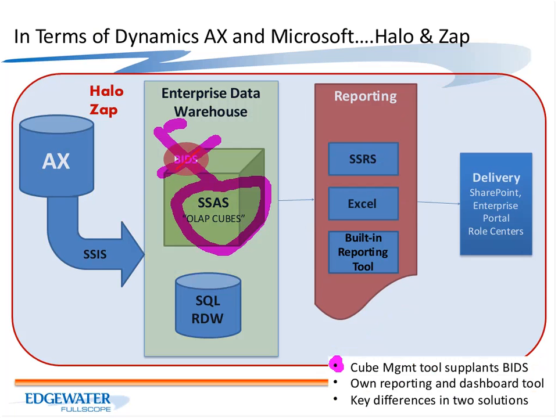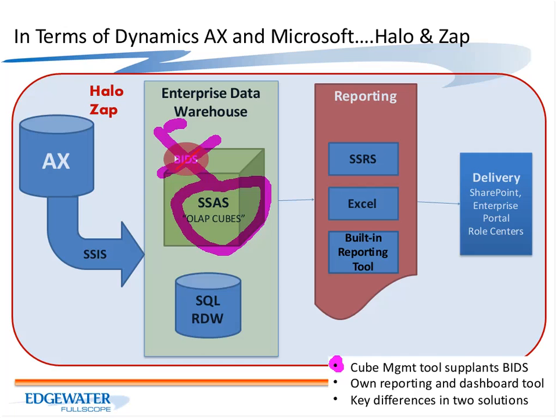And again, you really need to evaluate the tools side by side to see the differences. There are definitely differences between these two vendors. Halo goes to market with a multi-cube approach. Zap goes to market more in a hypercube approach.